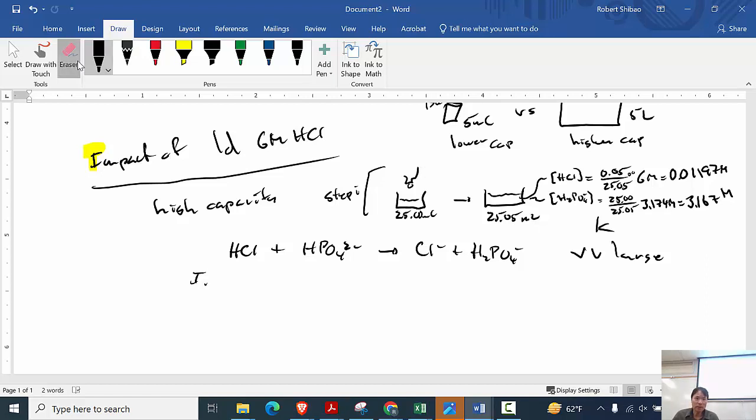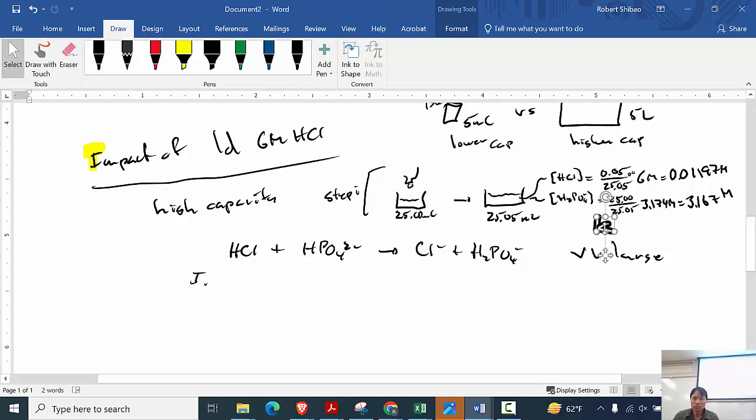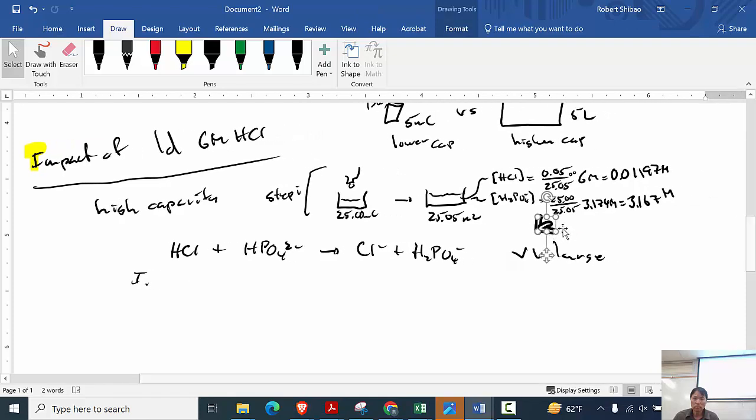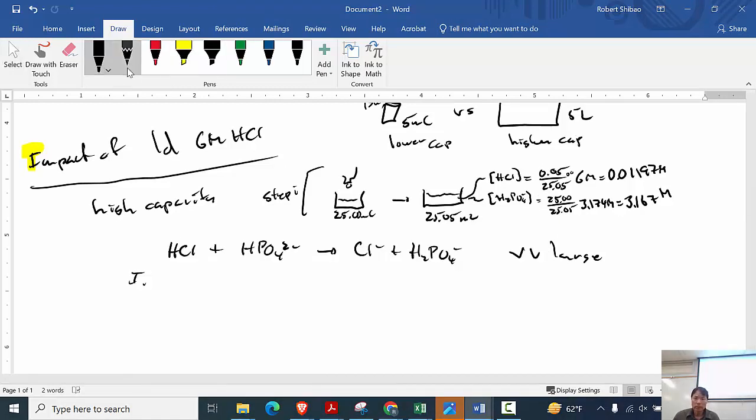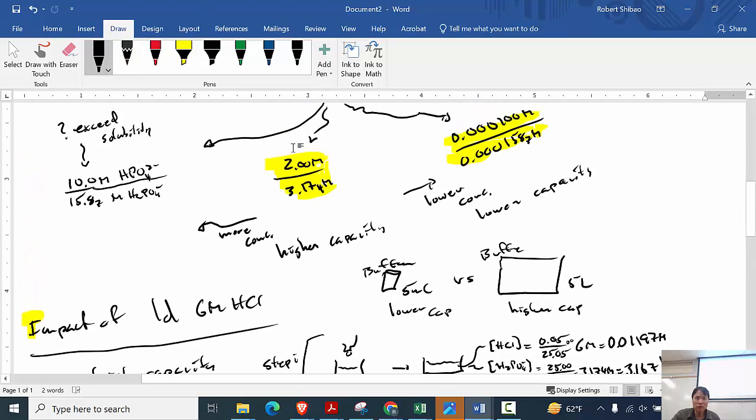The base, I'm going to have to make some room here. The base component was the HPO4 2 minus, and the dilution factor is the same, a 25.00 to 25.05 dilution. But the concentration is different, because we needed less base to drop the pH by 0.2 units.